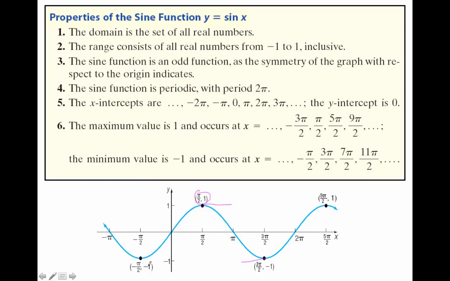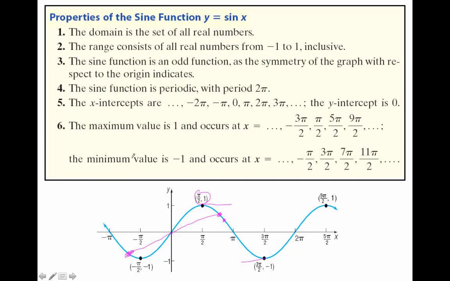So negative pi over 2 goes to -1. Graphically, what this means is that it is symmetric with respect to the origin. Any point on one side of the origin has a twin point, opposite direction, equidistant on the graph as well.